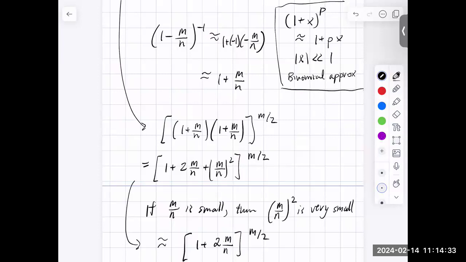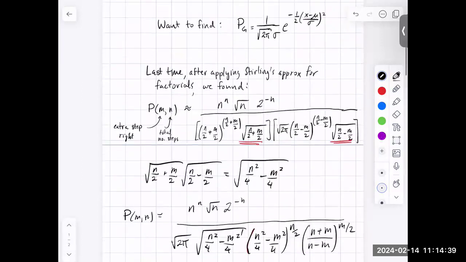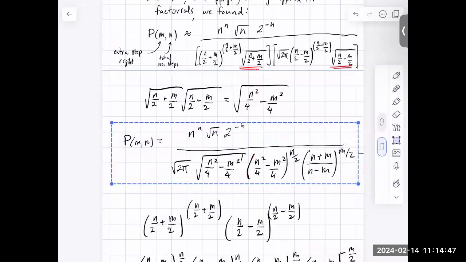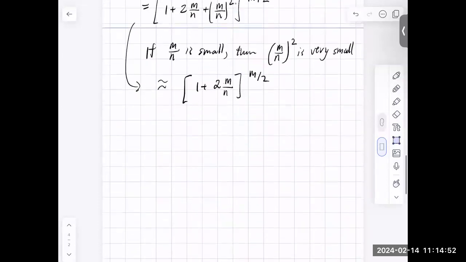All right. So we're going to make that substitution in our expression here for this probability. I can't remember all of these factors, so I'm going to copy this thing and we'll make some edits.